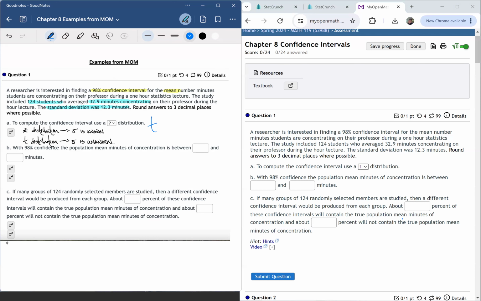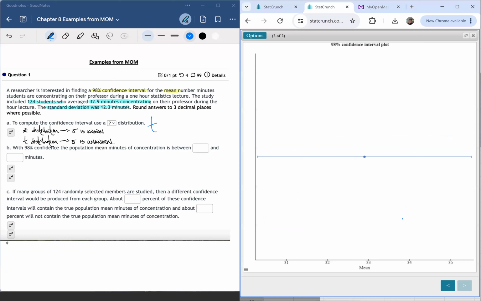And so this is where if I go back to StatCrunch and I look at how long this line is, it turns out that I need to know exactly where, and let me see if I can mark this out, where the line starts and where the line stops, right?